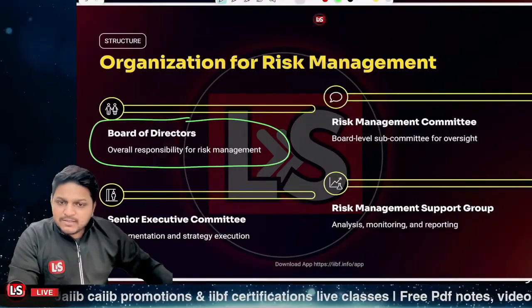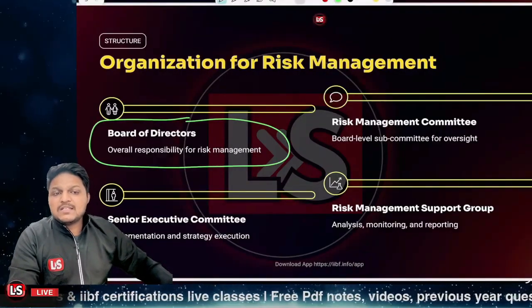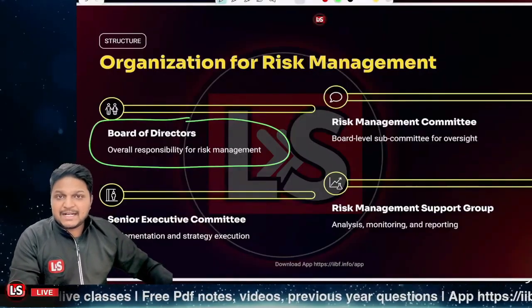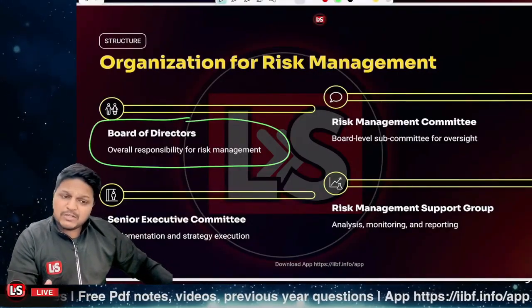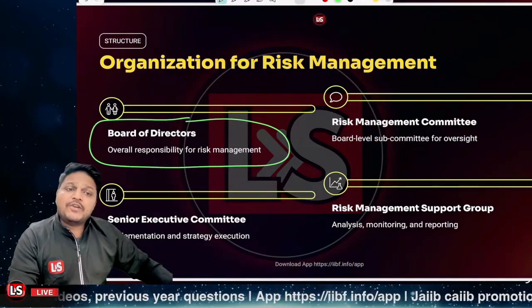So whatsoever the policies, procedures, aggregate risk limits, review mechanisms, or reporting and audit systems are to be articulated, that articulation, only articulation I'm talking about, is done by the board of directors, right?